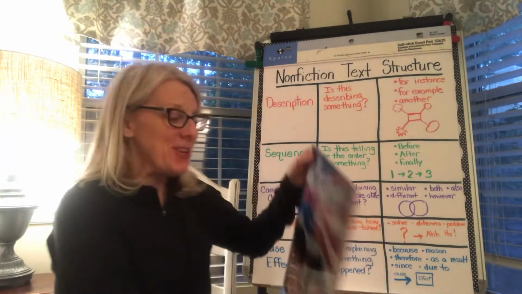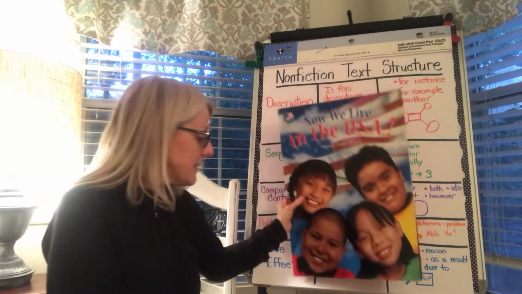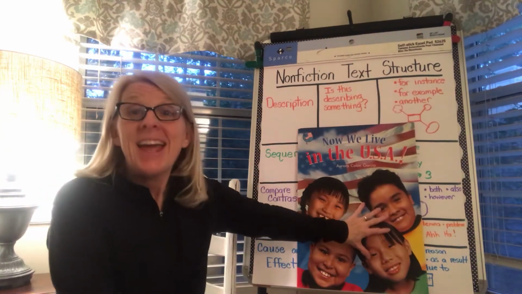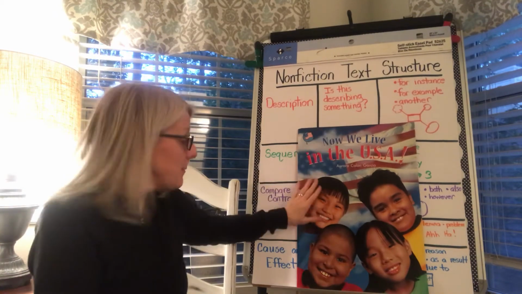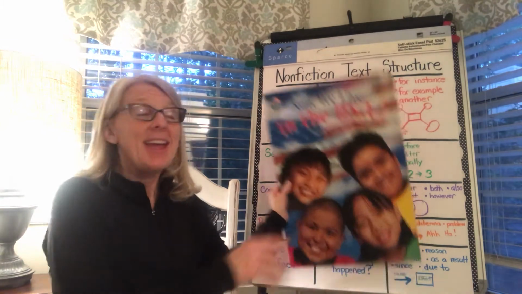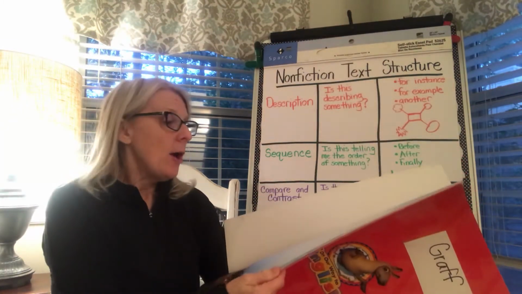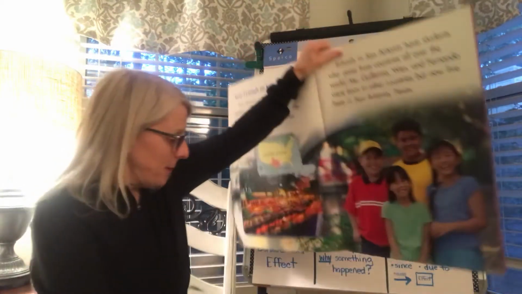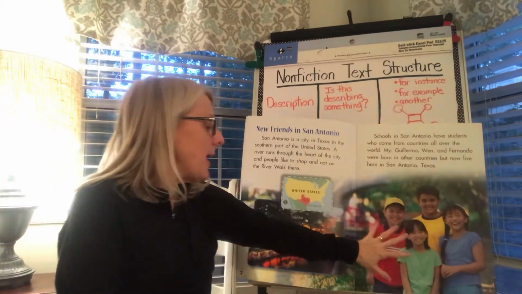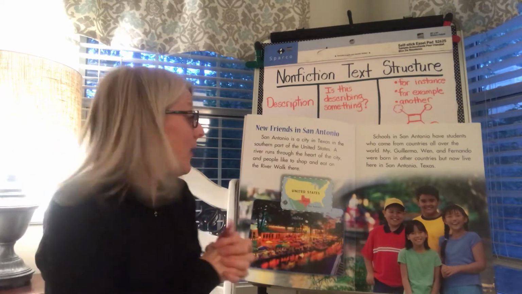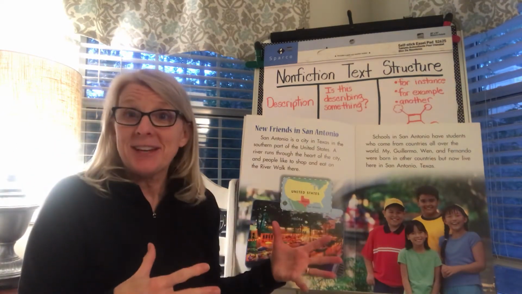Another book I want to show you that compares and contrasts is this book called Now We Live in the USA. And the whole story is about comparing these four kiddos and where they came from. They came from all over the United States. Here's a picture of them. So they came, not from the United States, all over the world, and they came together and live in San Antonio, Texas.